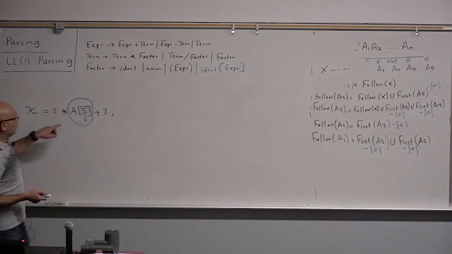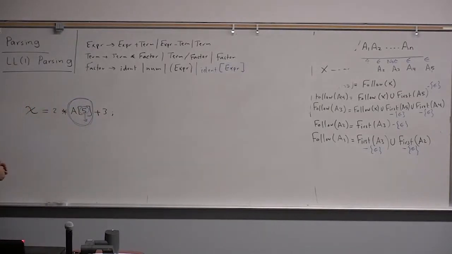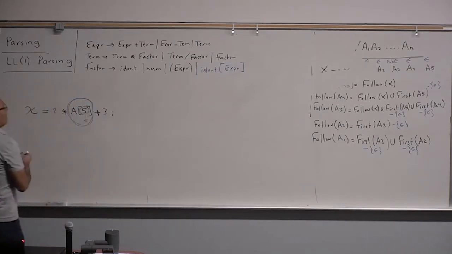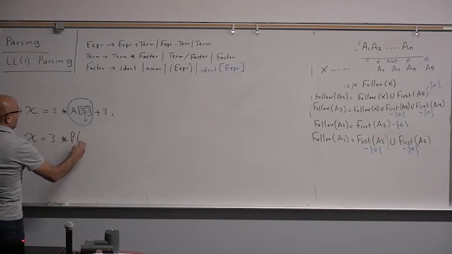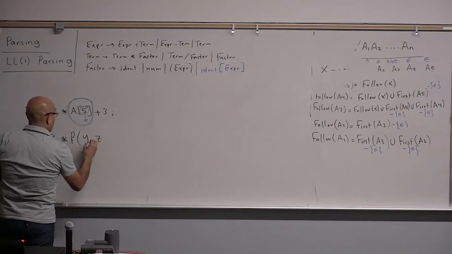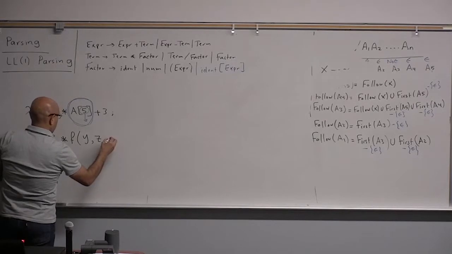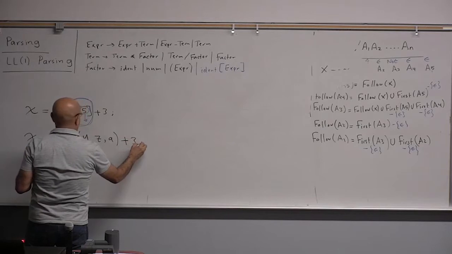So this will add arrays with an index, so a factor can be an array, and a factor can also be a function call, like x equals 3 times f of y and z, or whatever, plus 3.